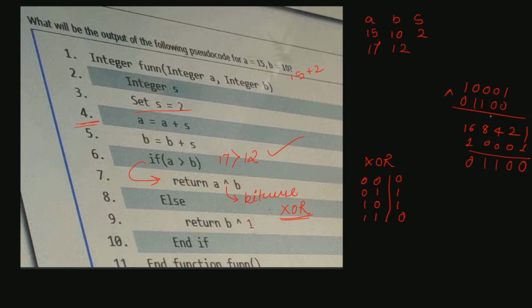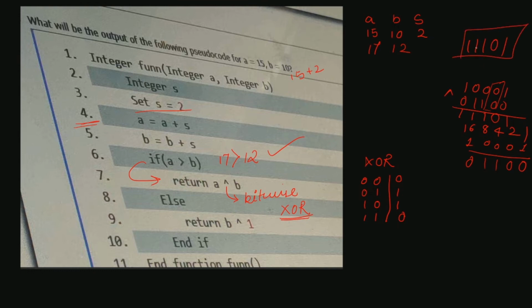So here the remaining are all 1, like 1 0 is 1, 0 1 is 1. Now here this is 0 0, so the output for this will be 0, and this 1 0 will be 1. So we got our answer as 1 1 1 0 1.